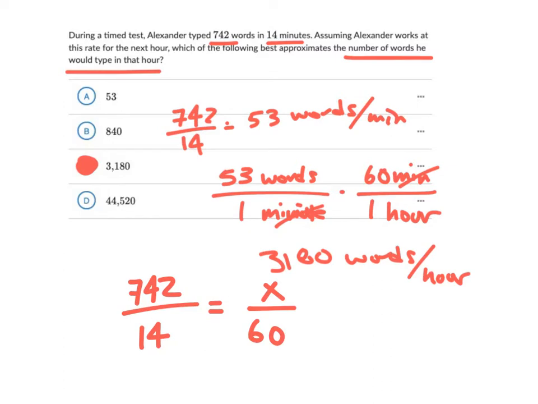I divided 60 by 14. I got 4.3 rounded. Uh-huh. And then since I rounded that, I got 3,190.6 because I rounded it up one. But then I realized that I rounded it, so then I had to go down one and close things. So I just chose C.